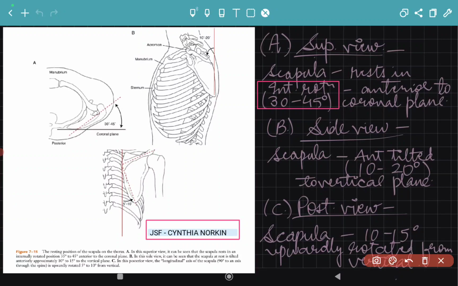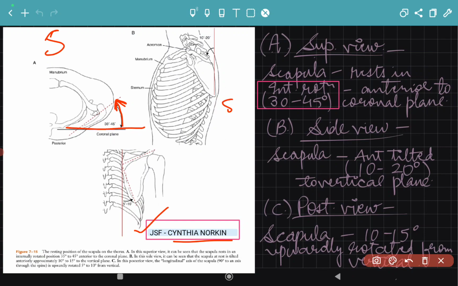Now, if you are a physiotherapy student, you need to consider certain values as you refer to a book. This is from Joint Structure and Function, a book by Cynthia Norkin. So let's see and remember the values according to this book. In the superior view, the scapula is internally rotated 30 to 45 degrees from the coronal or frontal plane.